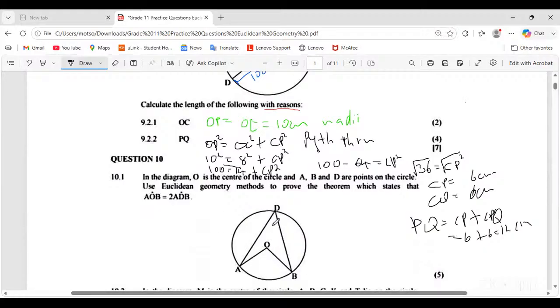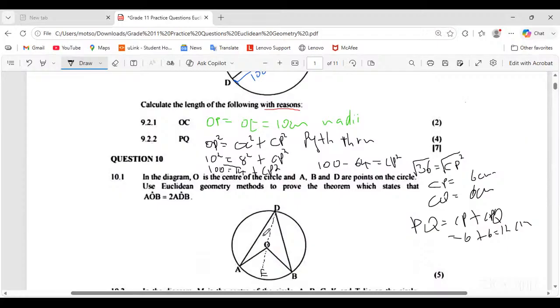Now, using your pencil, you will construct the line that joins DO, passes through O, and stops somewhere there. Now you will let the end point of this constructed line be E, maybe.